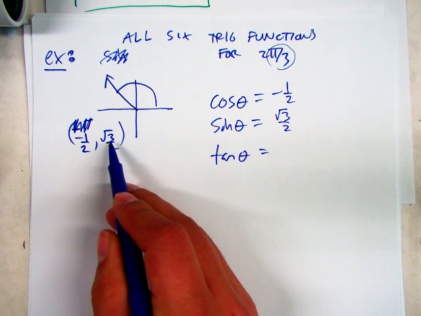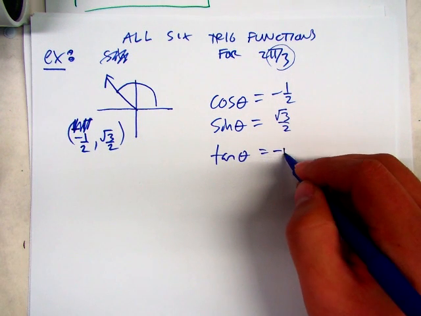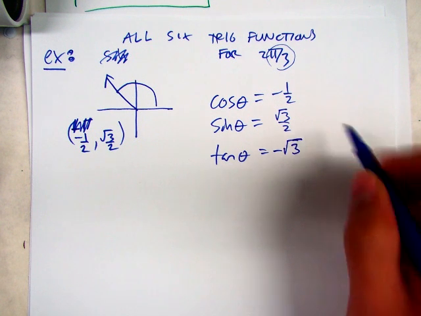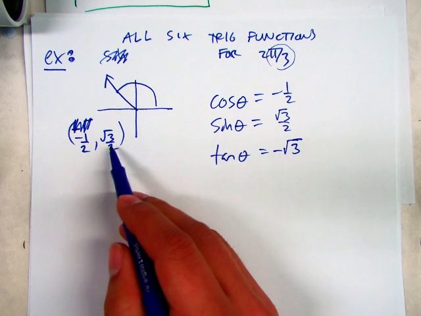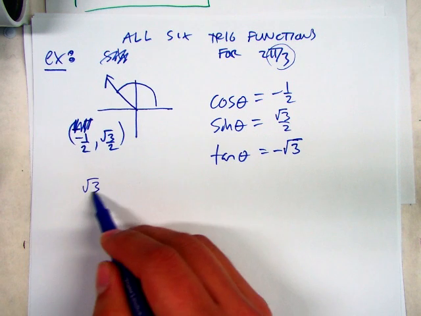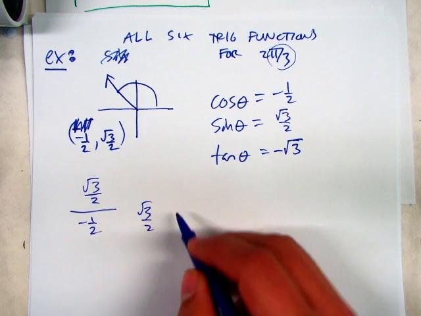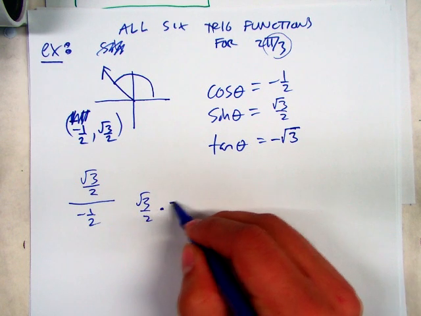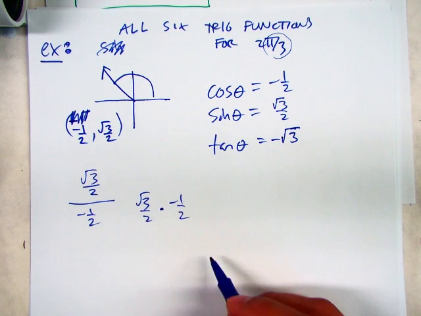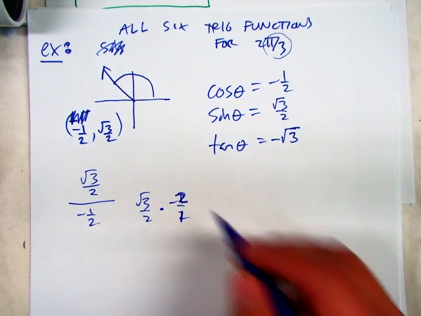It's just negative root 3. Root 3 over 2 divided by negative 1/2 is the same as root 3 over 2 times the reciprocal, which is negative 2 over 1. Cancel them out, you get negative root 3.